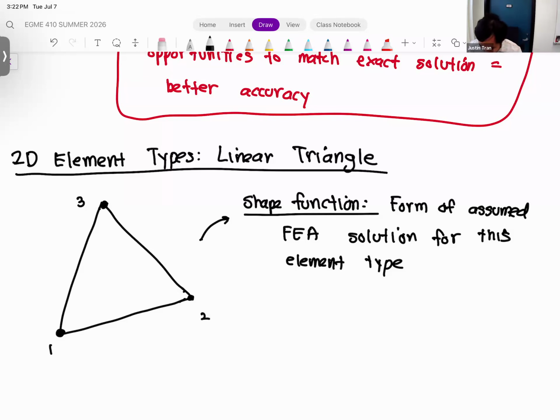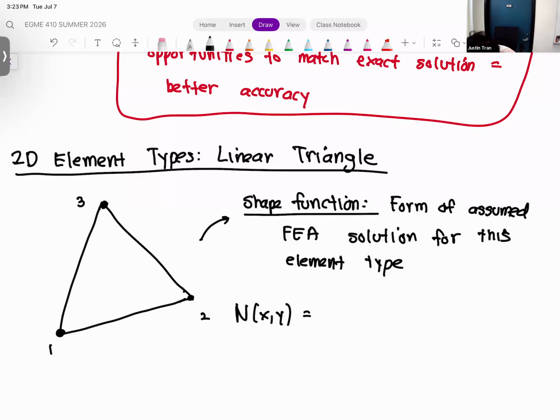Okay. So for the shape function, I'm going to use the symbol n. For a linear triangle, our shape function is going to be a function of x and y, just because we're in 2 dimensions.